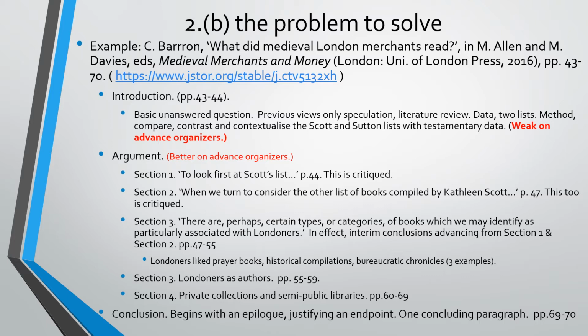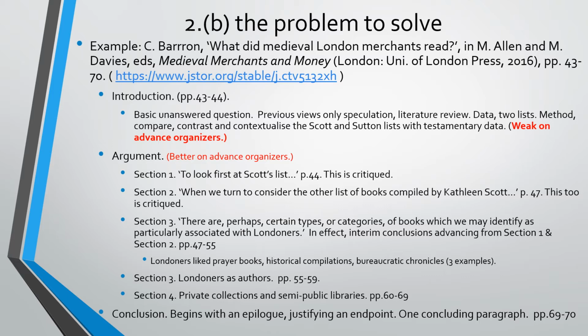The example I've chosen is Caroline Barron's article, What Did Medieval London Merchants Read? In Martin Allen and Davis's Medieval Merchants and Money, published by the University of London Press. And this is an open access volume, and so from home, without logging in, you can go on the internet and access this chapter.